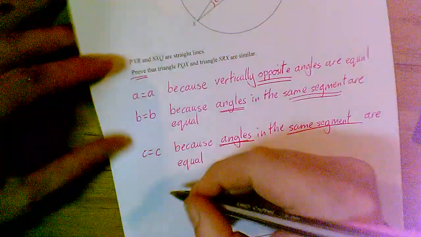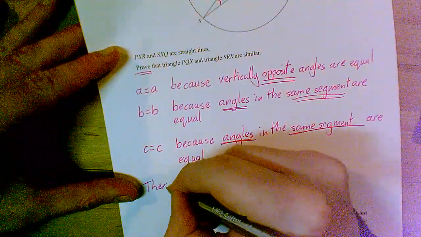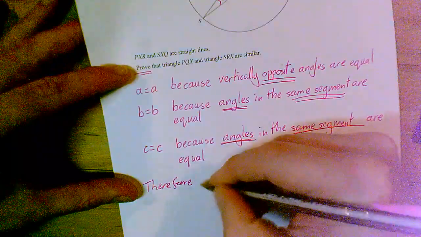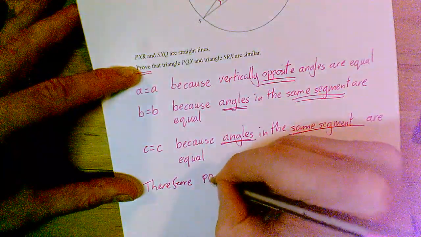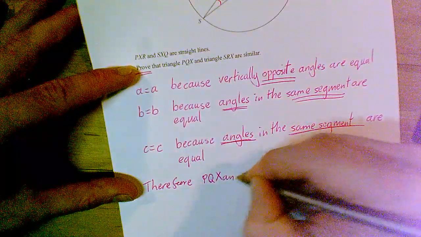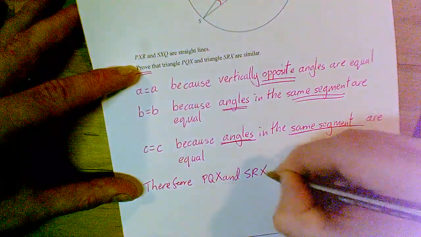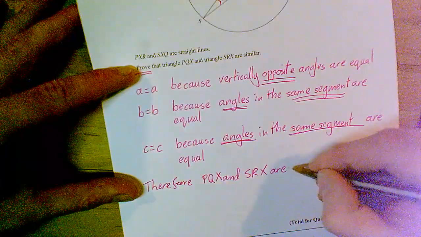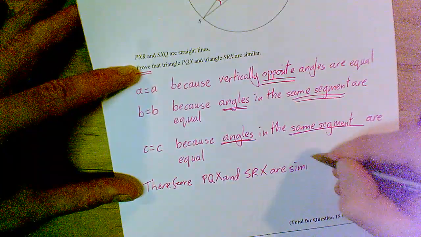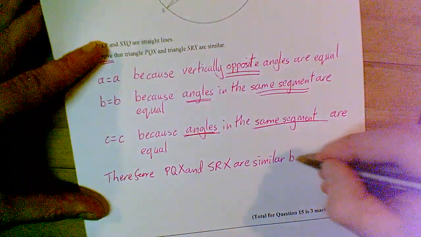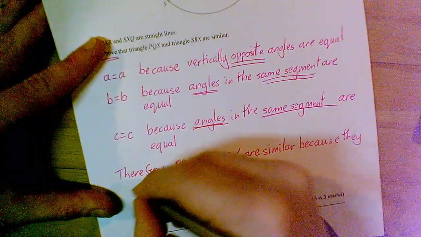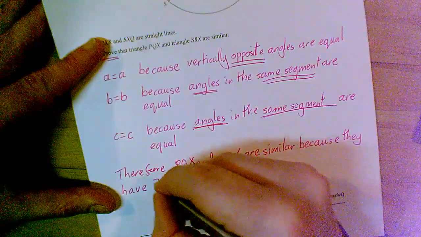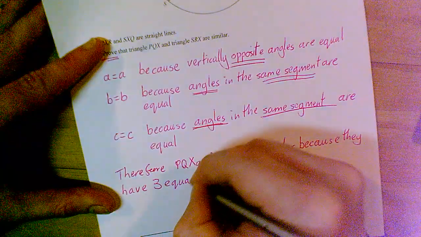Final mark is: therefore triangle PQX and SRX are similar because they have 3 equal angles.